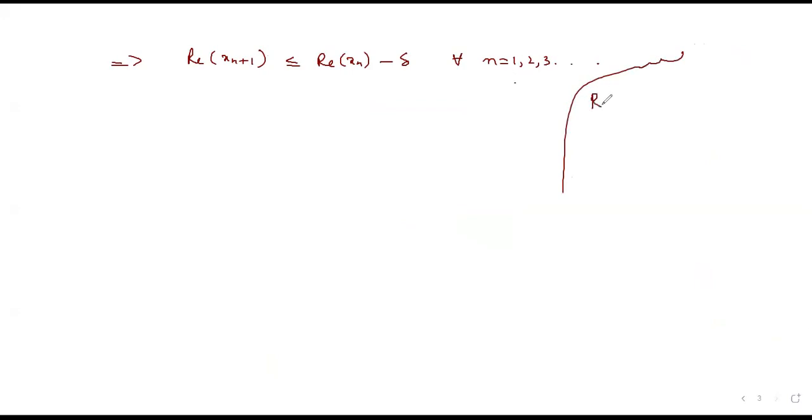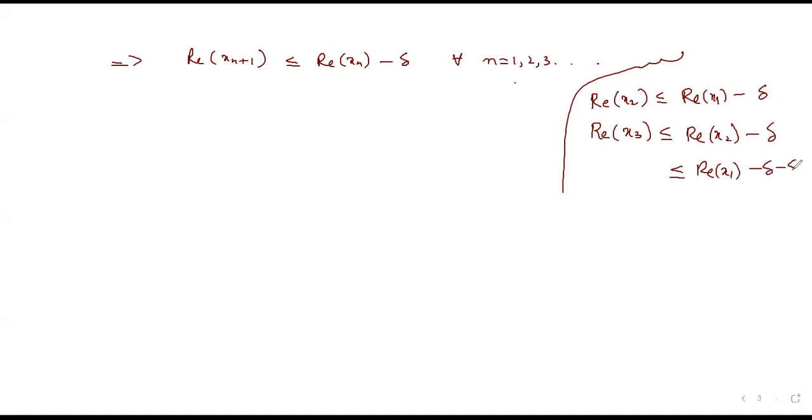Now let's see. इसका मतलब हुआ real part of x2 is less than equal to real part of x1 minus delta, and real part of x3 is less than equal to real part of x2 minus delta, which is less than equal to real part of x1 minus delta, that is real part of x3 is less than equal to real part of x1 minus 2 delta, है ना?